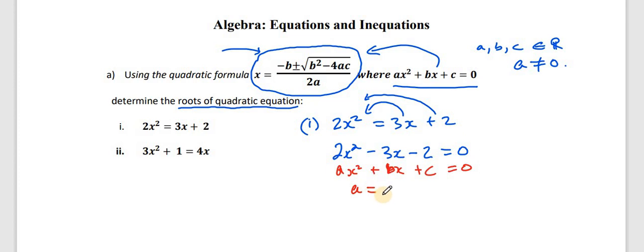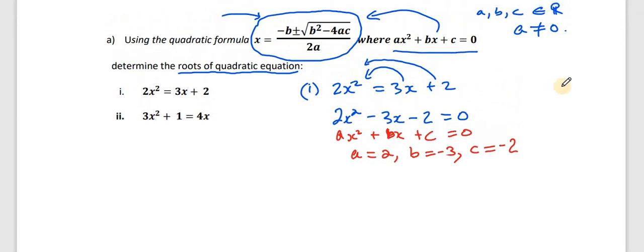A is equal to what? I heard it a while ago: 2. B is equal to what? Not 3, but what? Negative 3. C is equal to what? Negative 2. You have to take the sign in front of it.